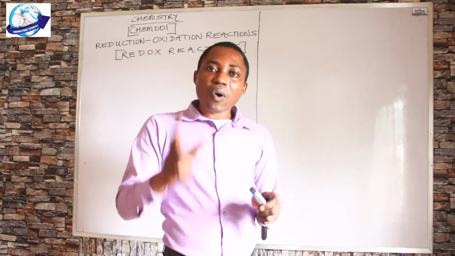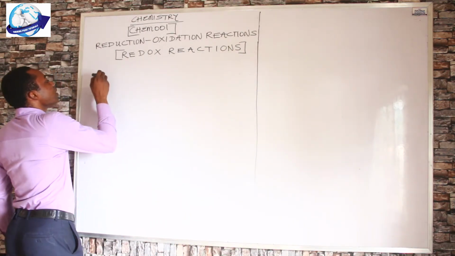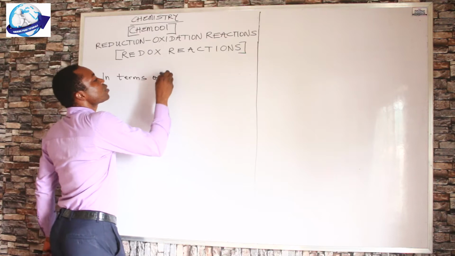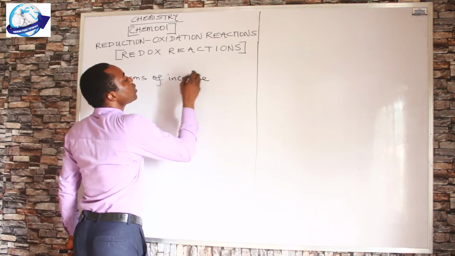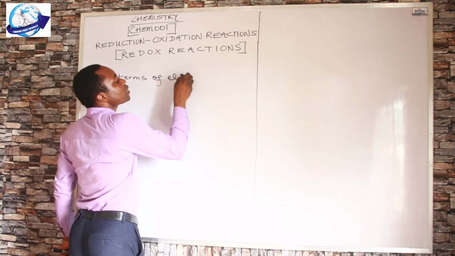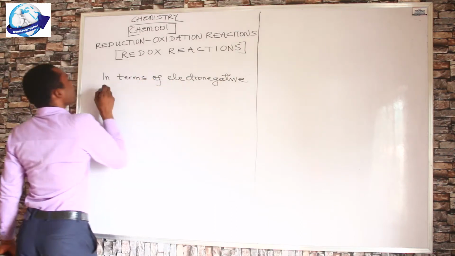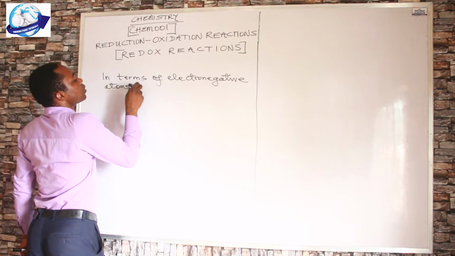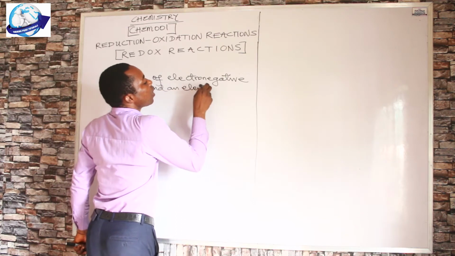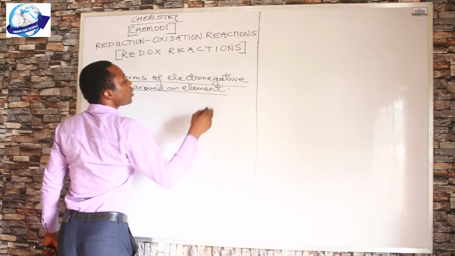Now, in terms of an increase in electronegative atoms around an element, how can we define our redox reaction?